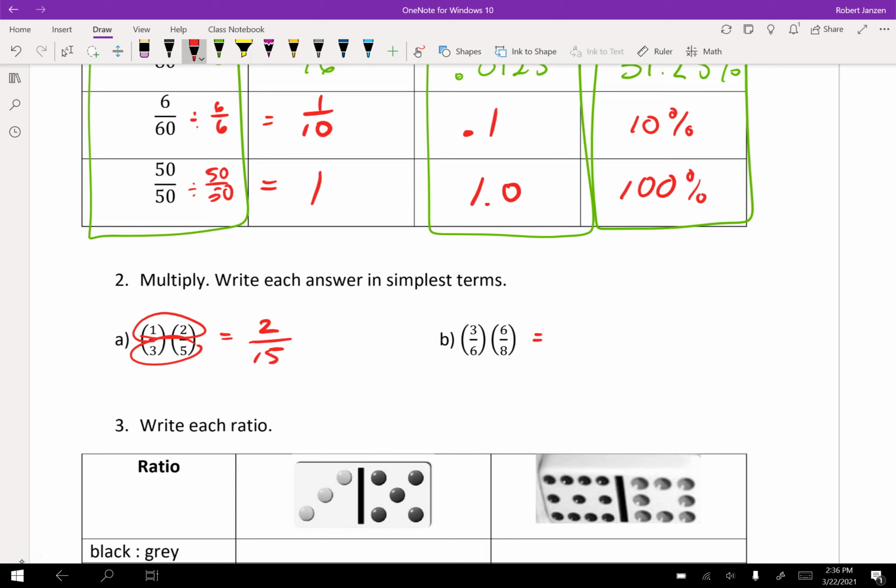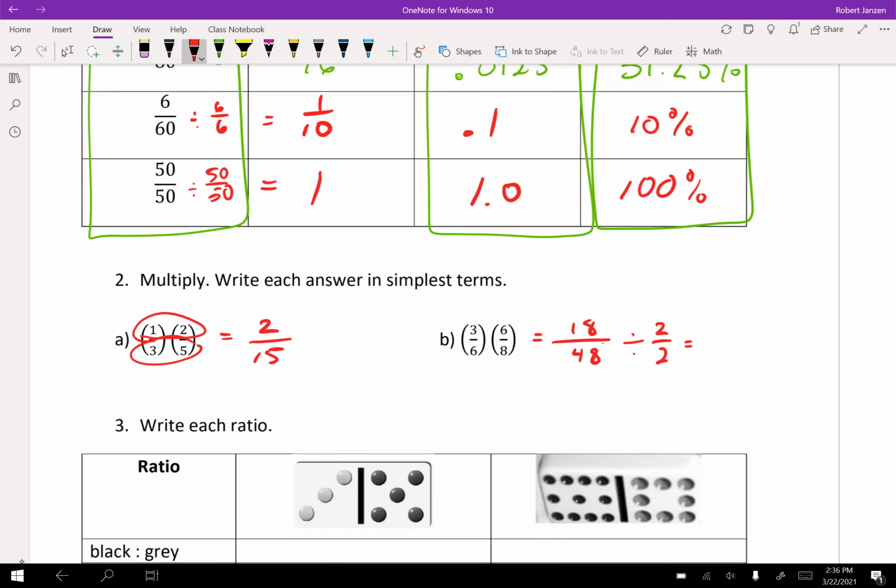Okay, and then let's try this one. So multiply across, 3 times 6 is 18, and 6 times 8 is 48. That's the correct answer, but in simplest terms, I need to ask, is there a number that goes into the top and the bottom? Maybe you can see they're both even numbers, so let's divide by 2 over 2.